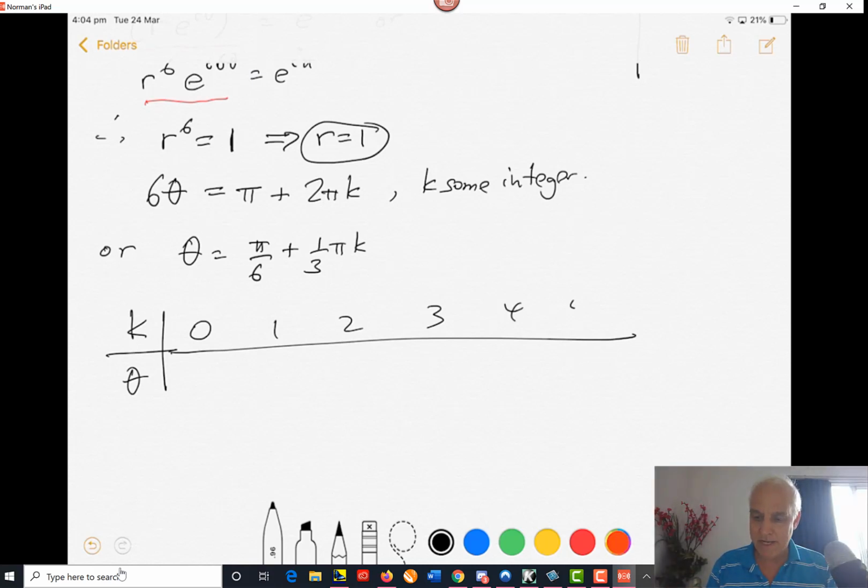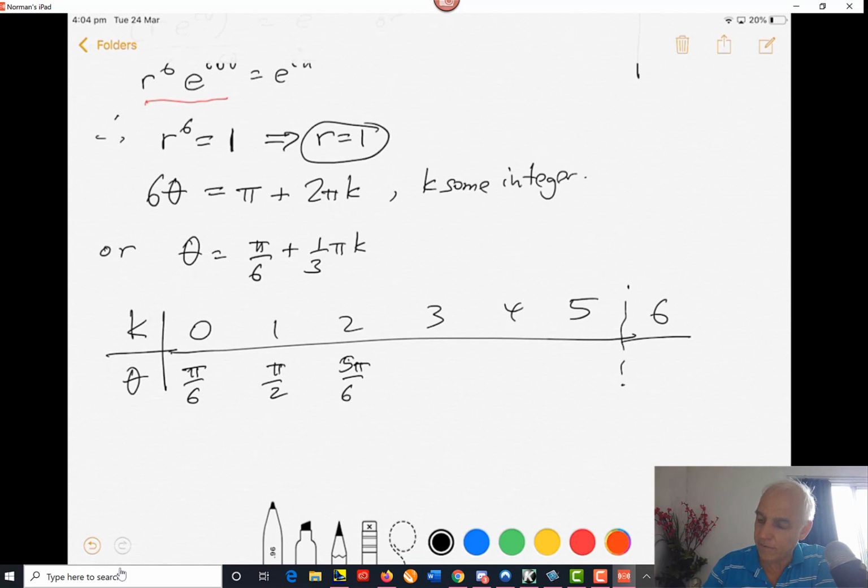So when k is 0, then what is theta? It's just pi by 6. When k is 1, that's pi by 6 plus 1/3, which is like 1/2, so it's pi over 2. We add another third, so it's 1/6 plus essentially 4/6, so it's 5/6, or 5 pi on 6.